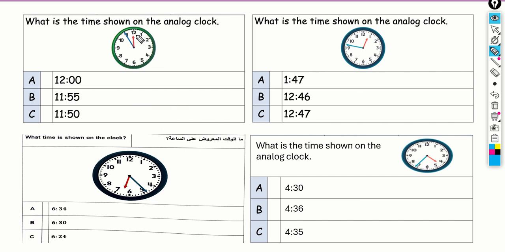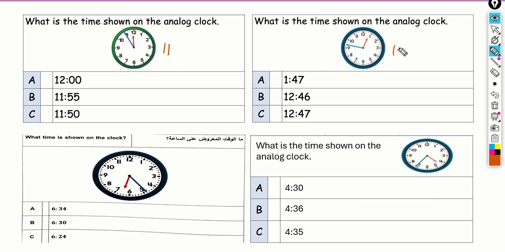So now this is the red one. First of all, always look at the small red one. This is below 12. Okay, this is quite close, but this is below 12. So when a number is below 12, this is 11. Here this is below 1, right?